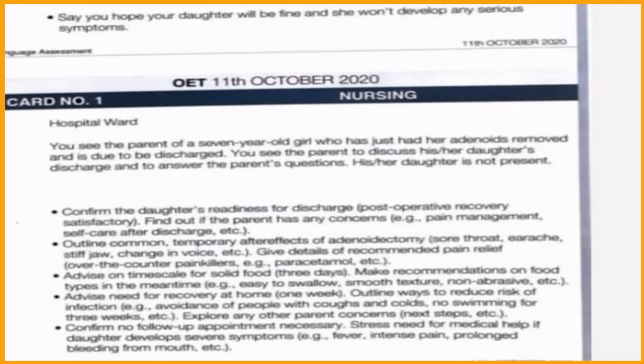Then you can say stress. Stress meaning at the same time give importance and say need for medical help, that she requires medical help if the daughter develops severe symptoms like fever or intense pain, you can say all this. Then in such cases, she has to come back to the doctor.